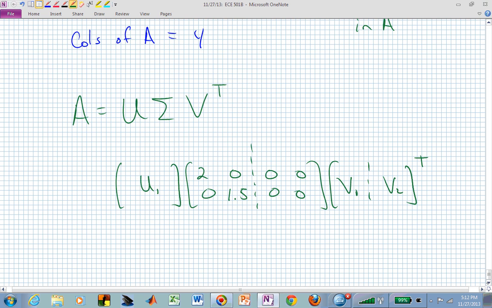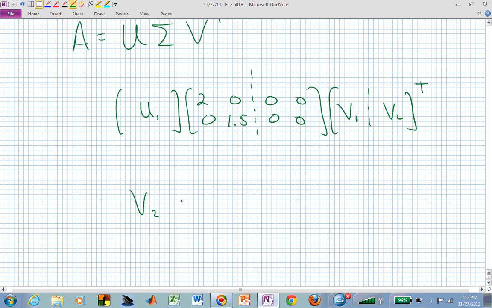And so now if I looked at this, now I know that V sub 2 is of what dimension? It's kind of confusing, isn't it, with that transpose there? But capital V is of what size?